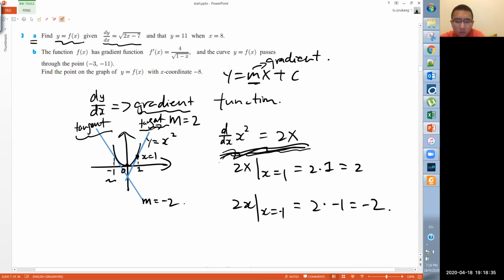So let's say you don't know how to use the gradient function, because before we learn differentiation and integration, we don't know how to do them. What method allows us to find the gradient of the tangent? Can you still remember?